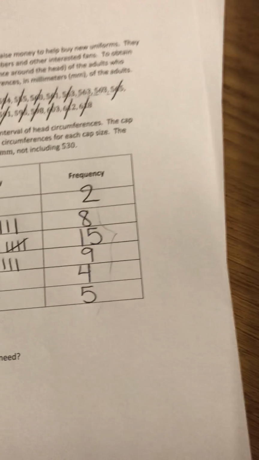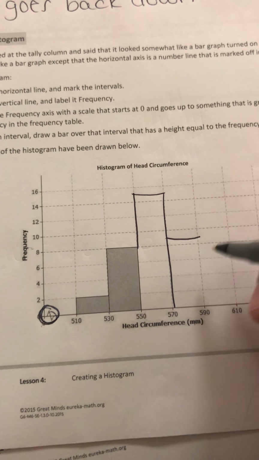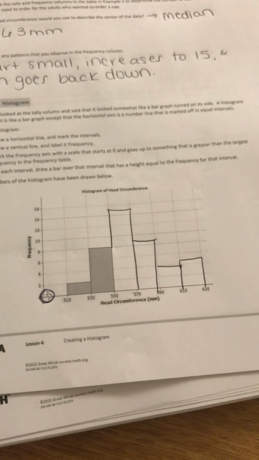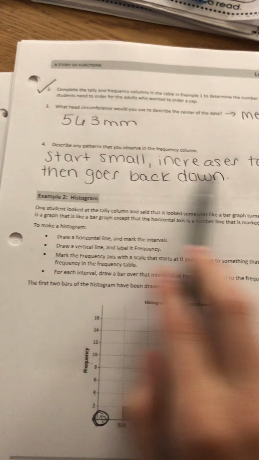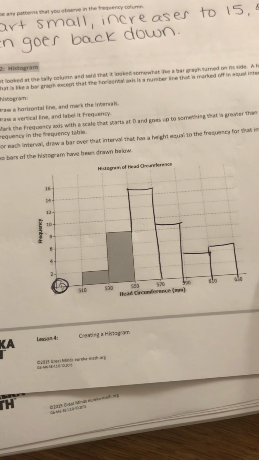My next one is 9. My next one is 4. And my last one is 5. All right, your histogram should look something like this. So again, just like we noticed for the patterns, we start small, we come up to 15, and then we dip back off. Yours should look just like this.